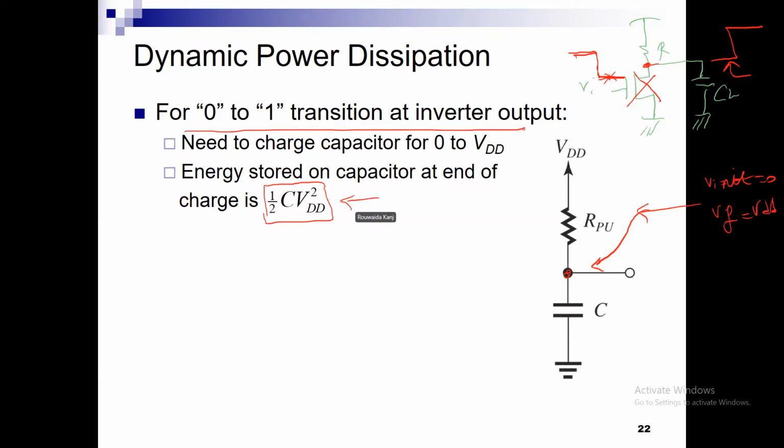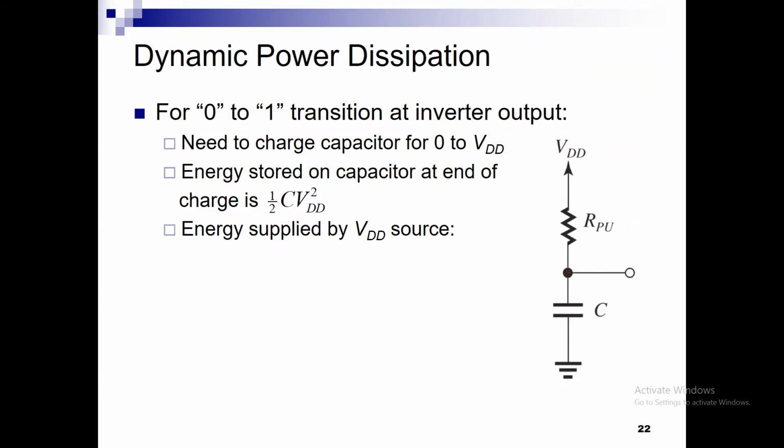Now we're going to look and see if at the end the capacitor will store half C VDD squared. We want to see how much energy was delivered by the supply, and the energy delivered by the supply can be expressed as VDD times the integral over time of I_VDD(t) dt.